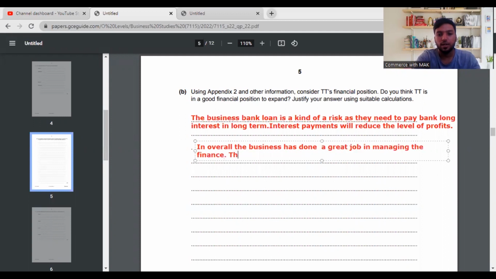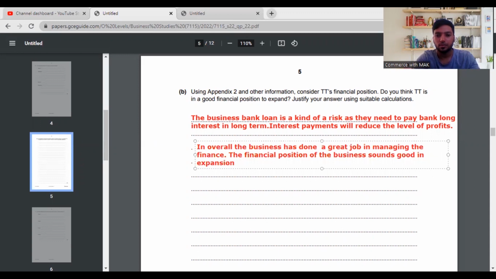And you can write the financial position. Now, this is the final answer I'm giving because in this question they're asking, do you think TT is in a good financial position to expand? So, of course, the financial position of the business sounds good in order to expand.